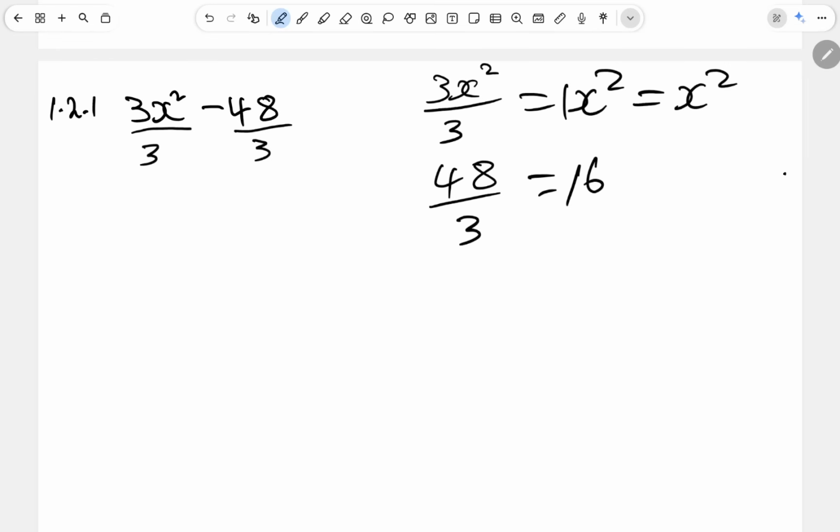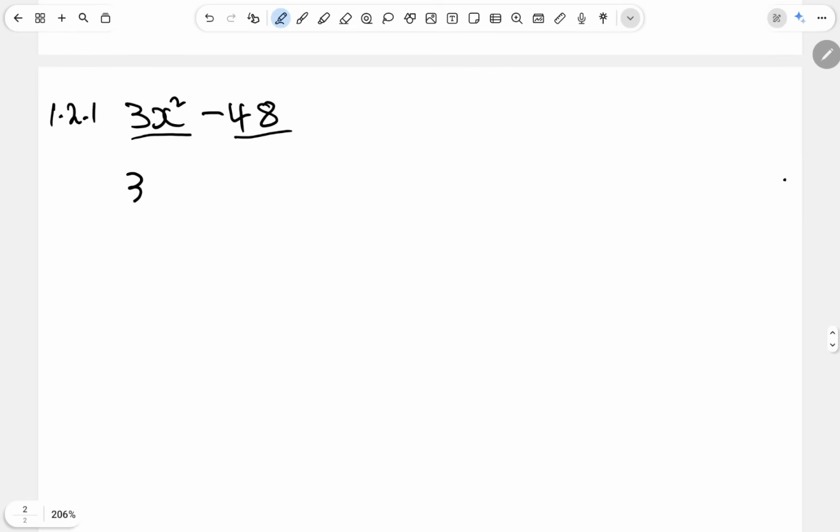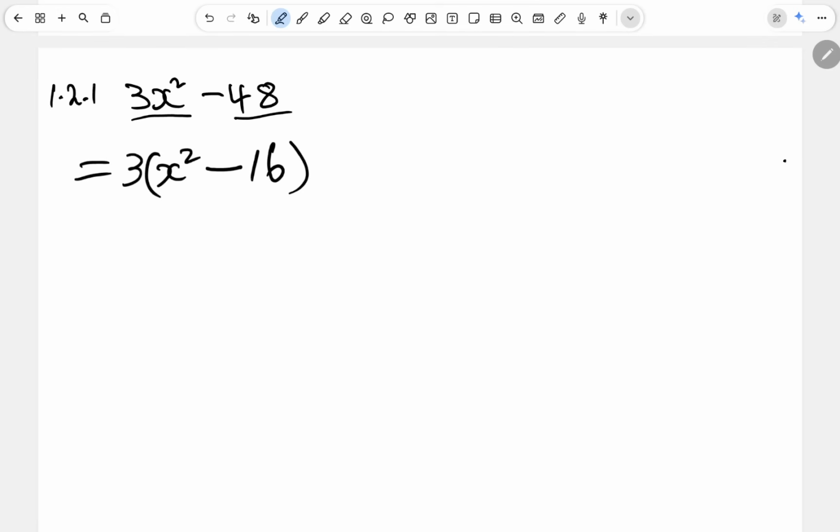Don't forget to always check for a common factor. So in step 1, we take out the common factor. We'll be left with x squared minus 16. Step number 2, we will use the difference of two squares.